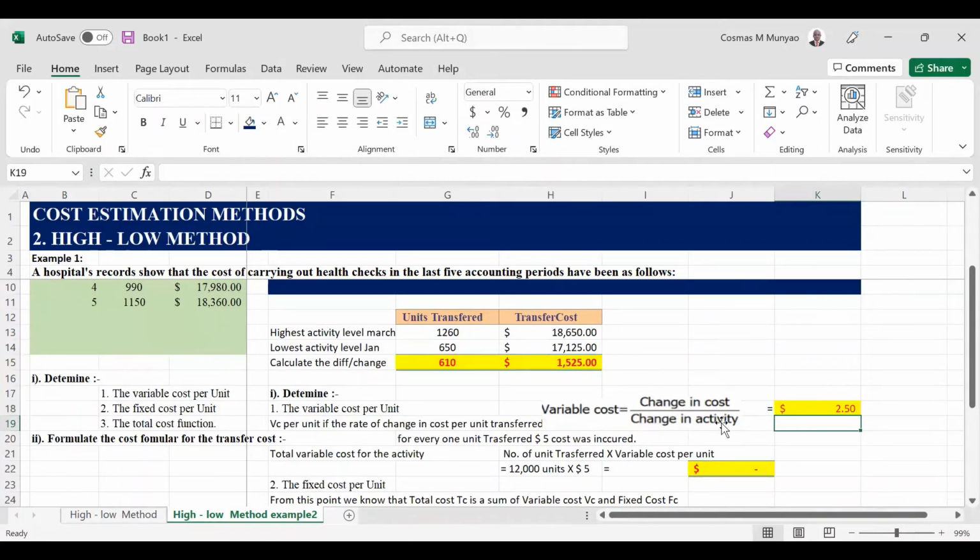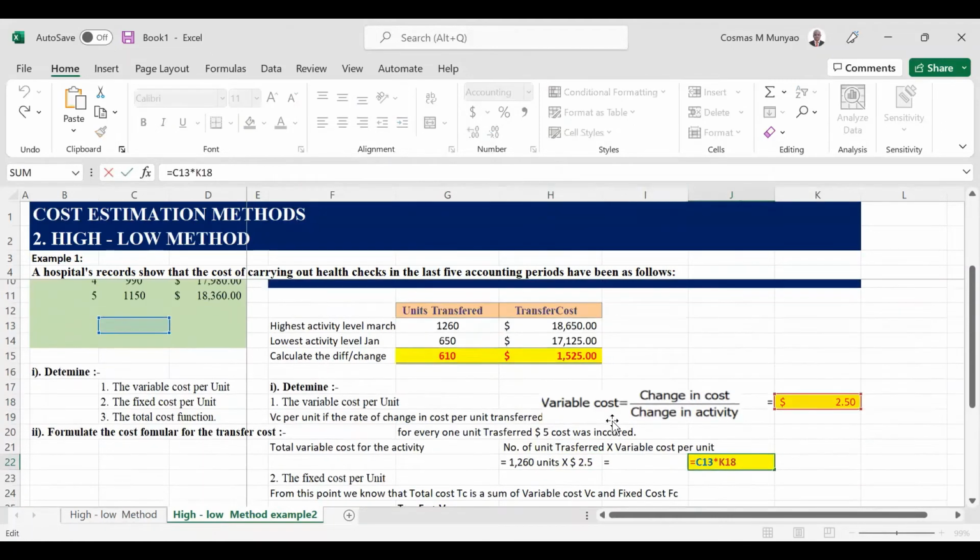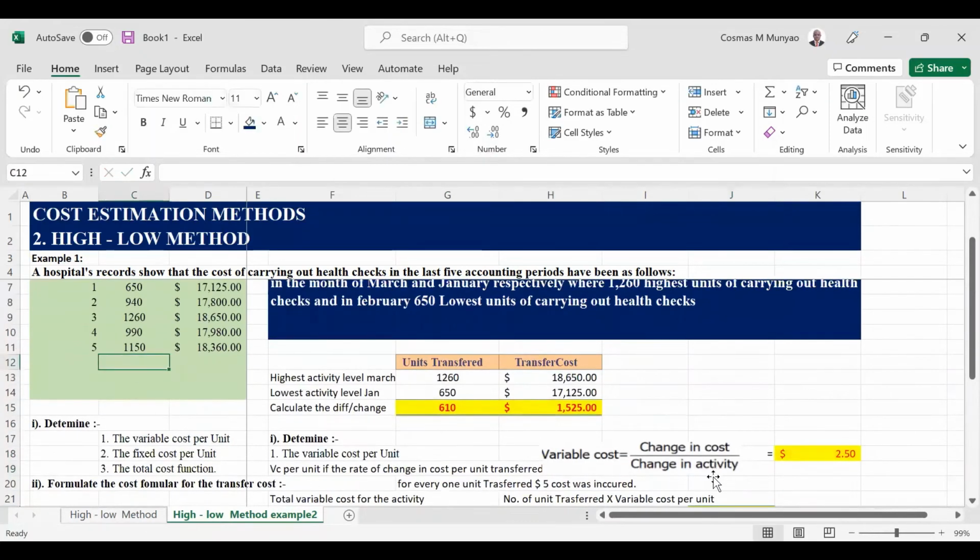From there, we get the variable cost per unit is $2.5. So total variable cost will change. You take the 1,260 units transferred and multiply by the variable cost per unit of $2.5.